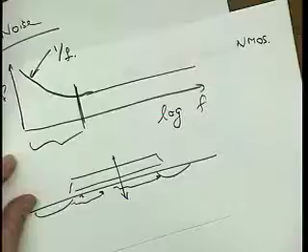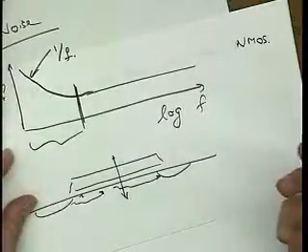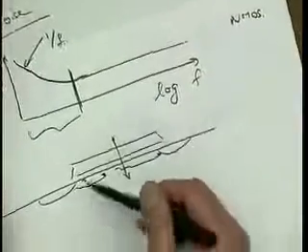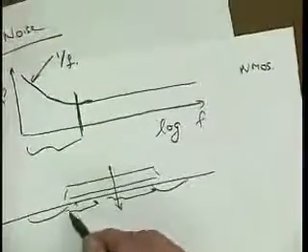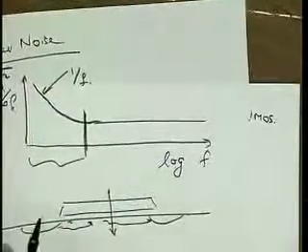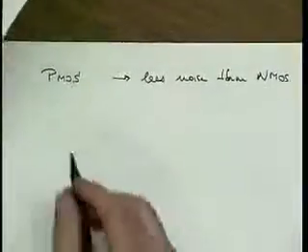Consequently, if the interface is cleaner, you're going to have less noise. Or if in the PMOS they don't get that close to that interface, there's a smaller chance that they get stuck. Right? So PMOS usually less noise.